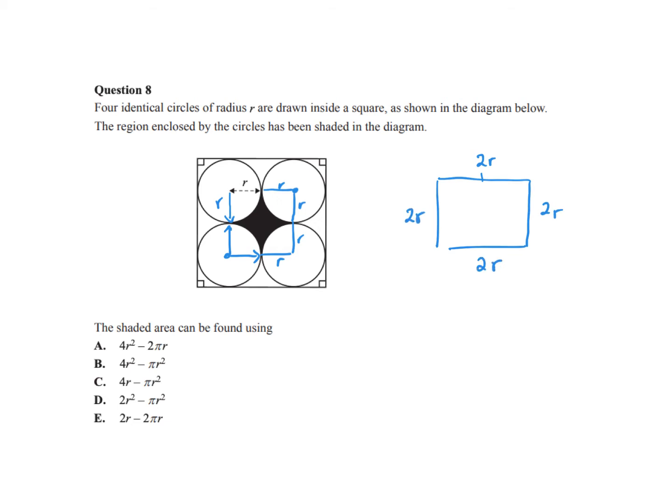Okay, now if you look here, you've got this bit here. This is like a quarter of the circle, is it not? Yeah? So a quarter of a circle, you've got there, there, there and there. So this is a quarter, a quarter, a quarter, and a quarter.